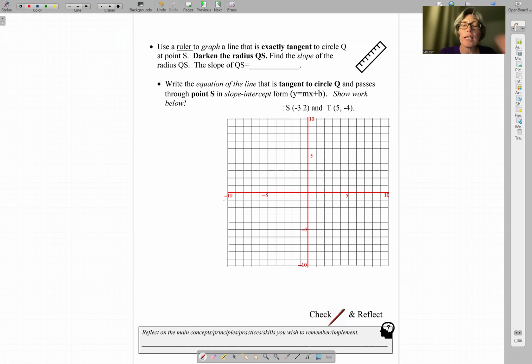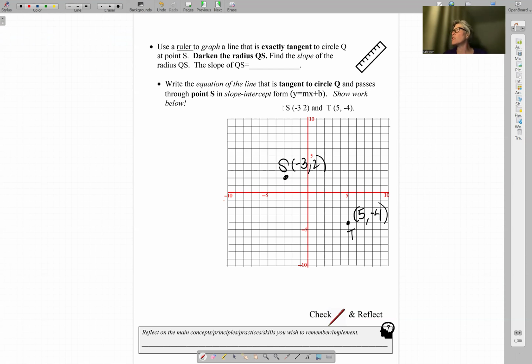So we have S at (-3, 2). And we have T at (5, -4). And it is a diameter.